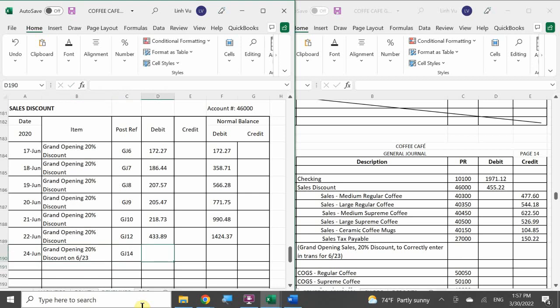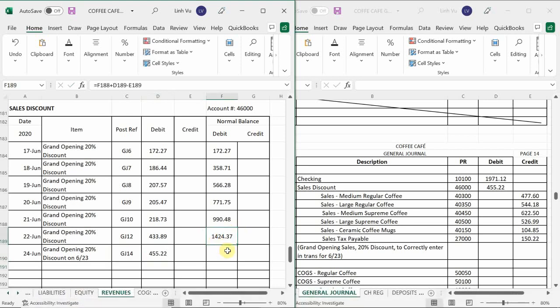Which was another $455.22. So in this case, what is my account balance going to be? $1879.59. $1879.59. Okay.